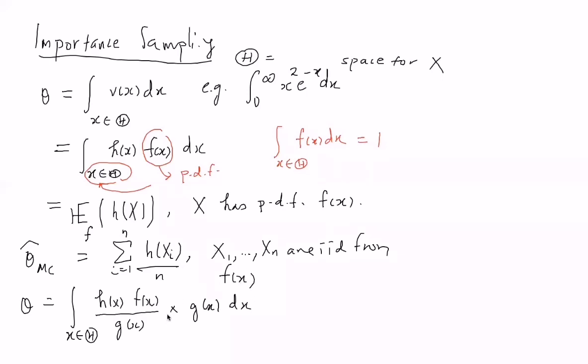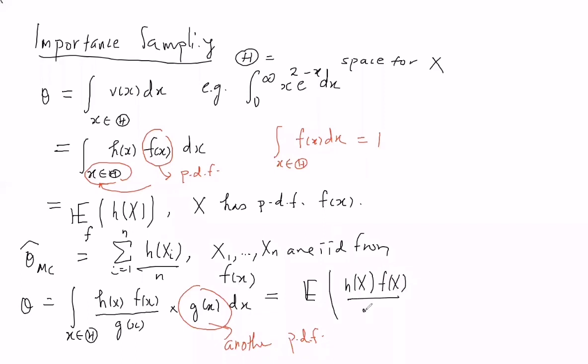This would still be the same, except that now I treat g(x) as another PDF. It has to be a PDF. So this would be written as the expectation of h(X) f(X) over g(X).